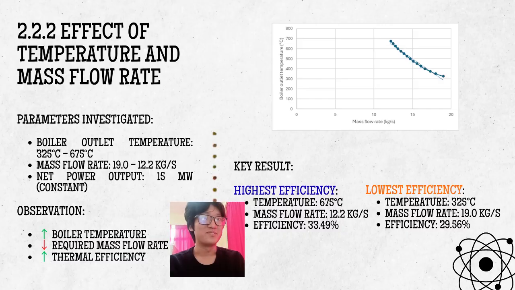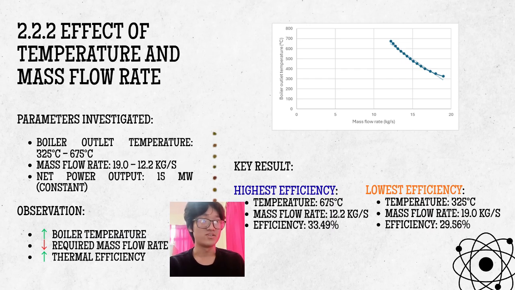So next I will discuss the effect of boiler outlet temperature and mass flow rate on the Rankine cycle performance. In this analysis, the boiler outlet temperature varies from 325 degrees Celsius to 675 degrees Celsius, while maintaining the net power output constant at 50 megawatts.